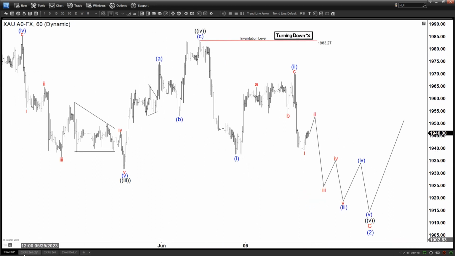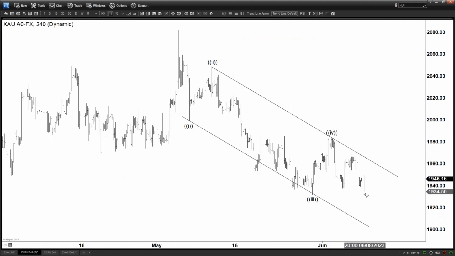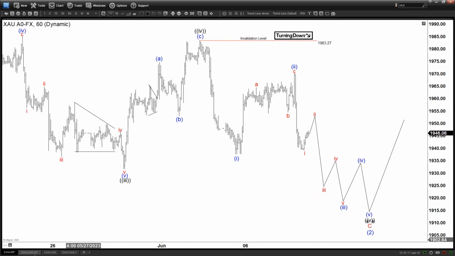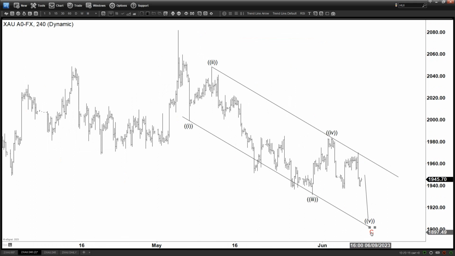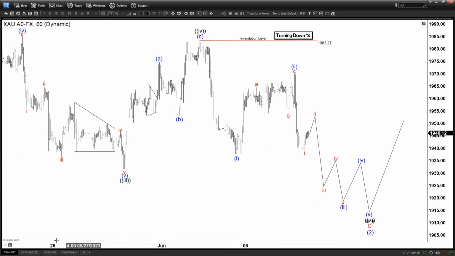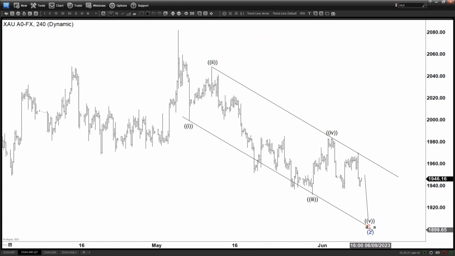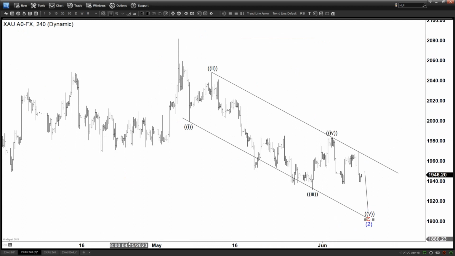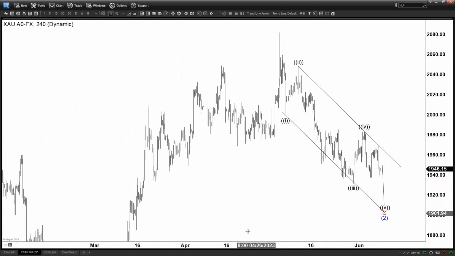So let's say we finish this 5 here, and that will also end C, and also end 2, just like what the 1 hour chart shows. Based on this, you can try to figure out what exactly gold is doing.